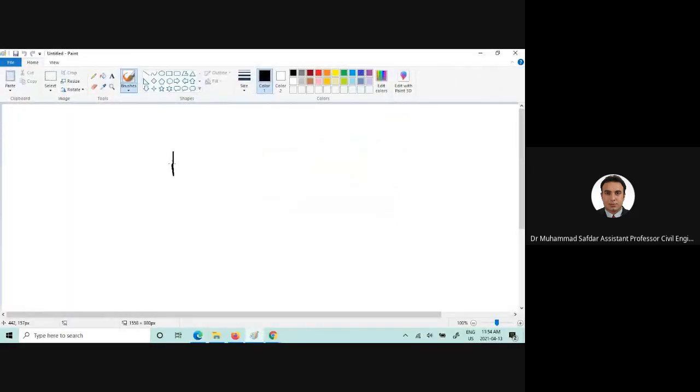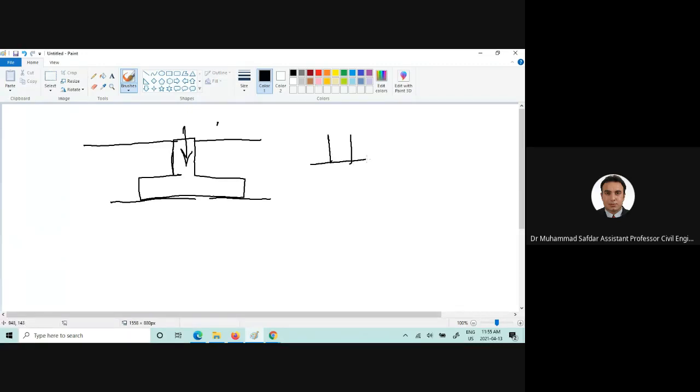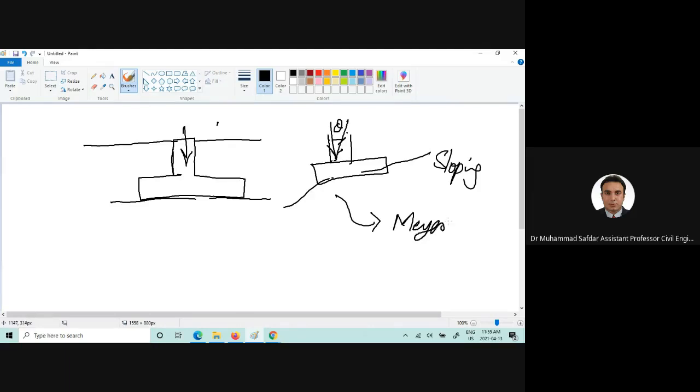the load, so we are assuming a horizontal surface, okay, and the load is acting vertically. For example, we can have certain conditions that we experience on inclined or sloping ground, or even the load inclination with the vertical, but that will be discussed in the Meyerhof bearing capacity equation.